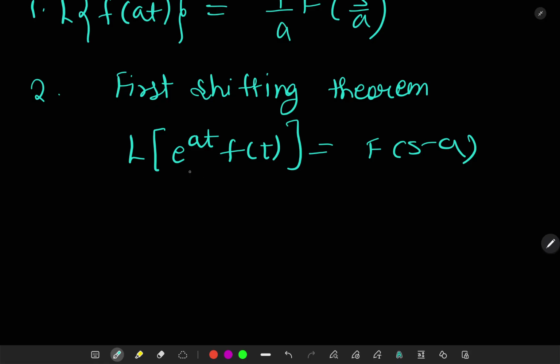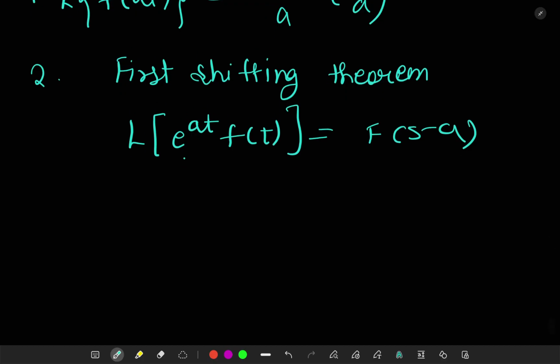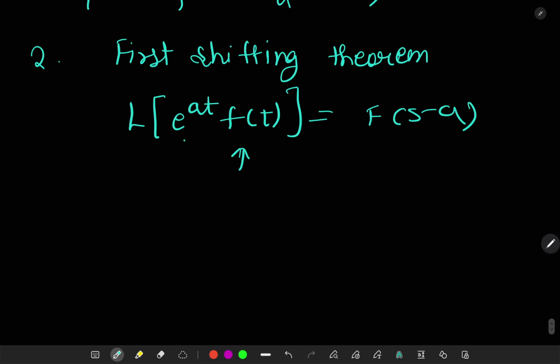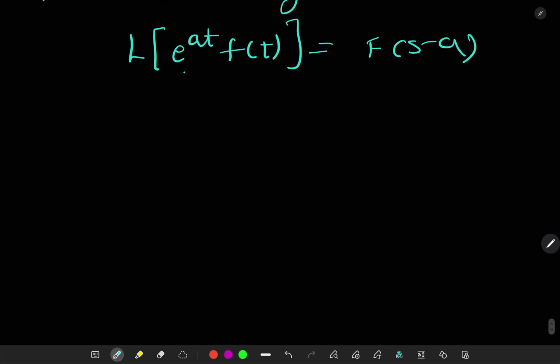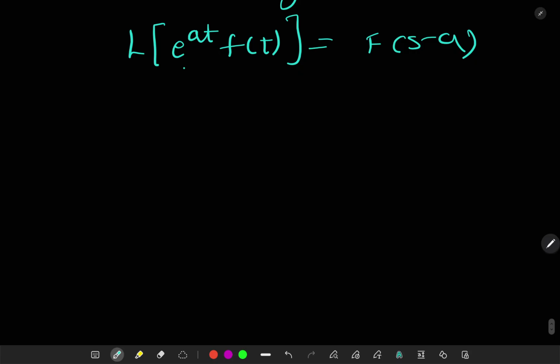Using this formula, we need to write first of all the Laplace transform of e raised to power at, then find the Laplace transform of this f(t). Now the third property is the Heaviside shifting theorem.